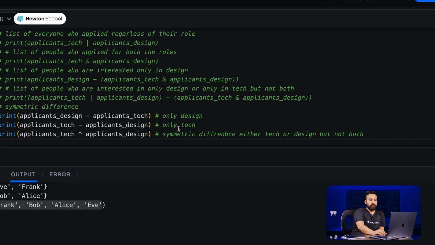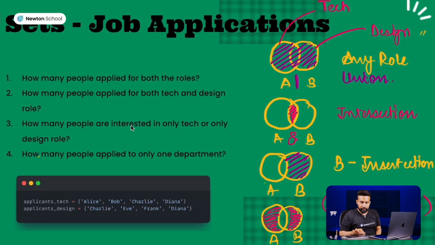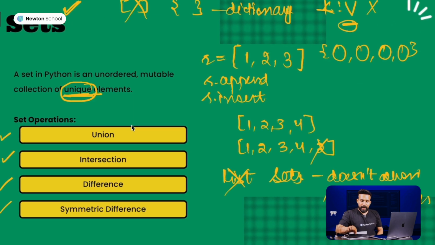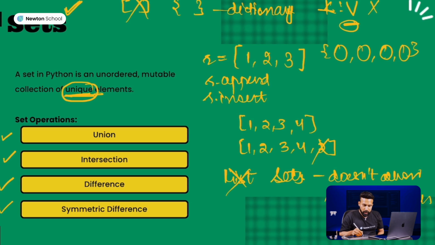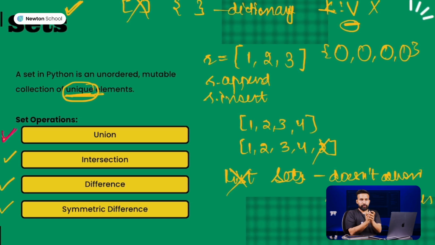I hope you're clear with sets now. Okay. As we said, there are three operations that you can do. Union. Okay. Union will give you a union of both the things. You are uniting the sets. Intersection will give you what is common between both. Okay. Difference will give you, if you do A minus B, it will give you all the values in A which are not in B. Okay.